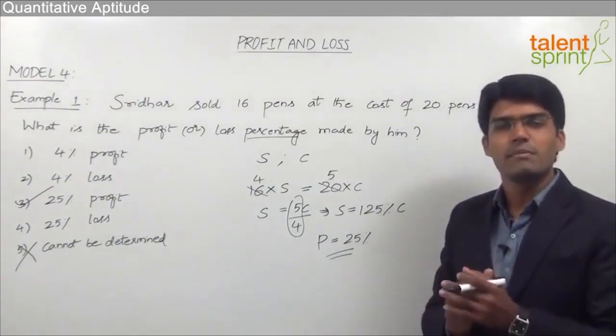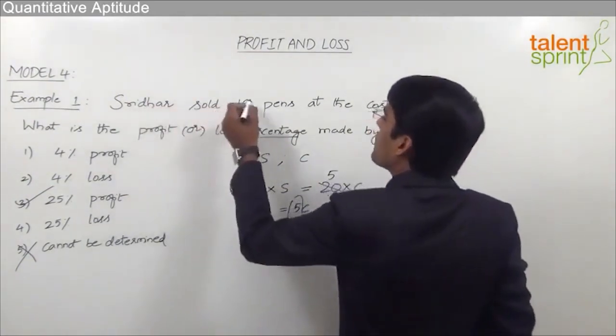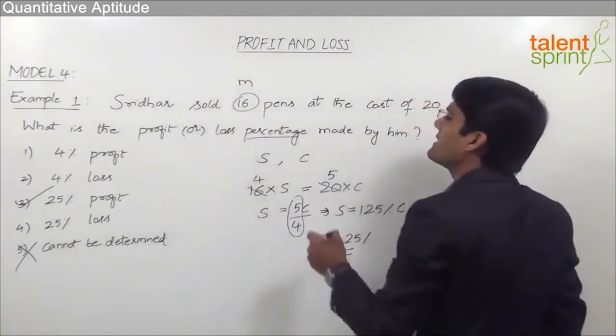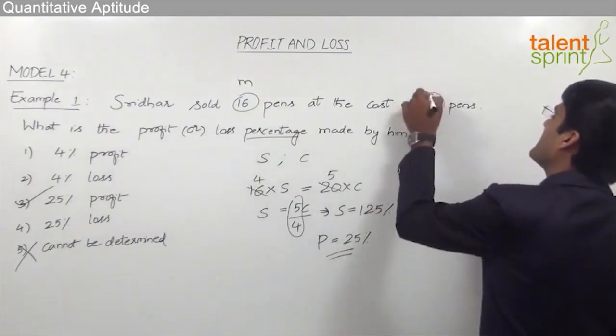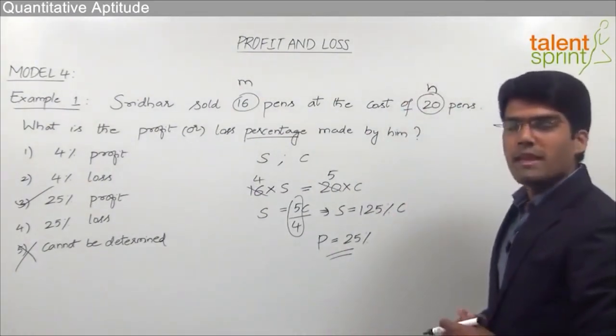The formula here can be understood as follows. Let us assume that Sridhar has sold some quantity of pens. Let us assume he has sold M pens at the cost of N pens. M pens have been sold at the cost of N pens.